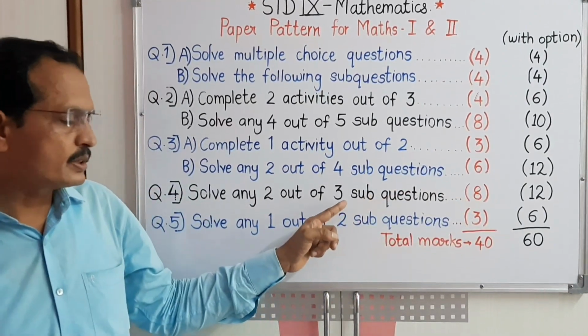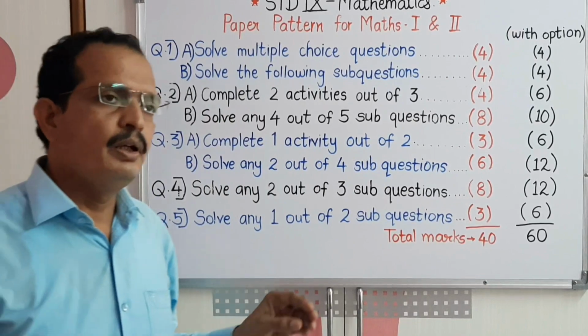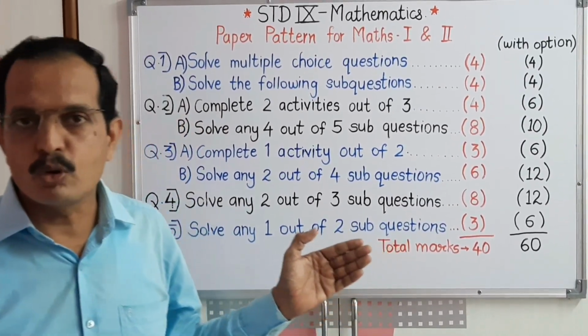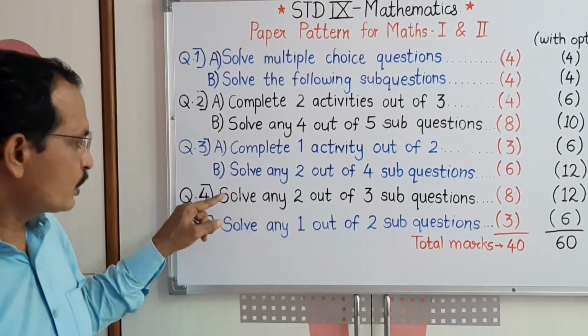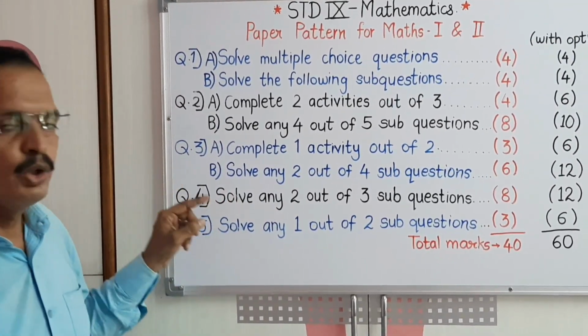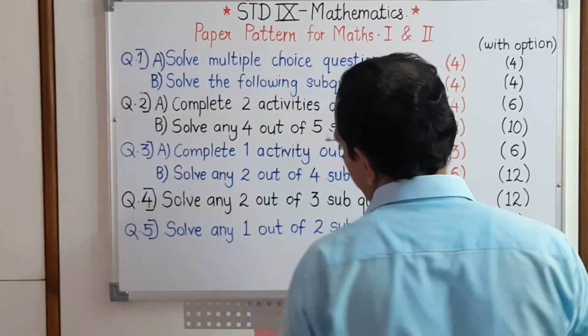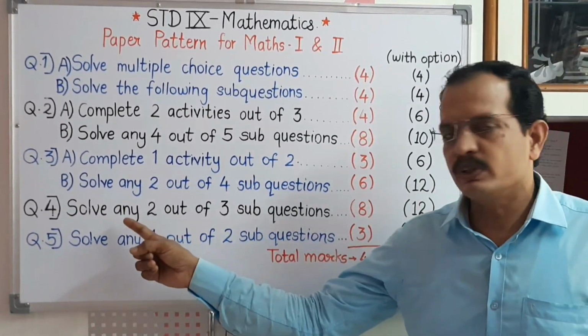In these questions, some little difficult questions will be there. Some questions are out of the textbook, but based upon the syllabus, will be asked in this question. Therefore, to solve question number 4, you have to work hard and solve many sums, and then you will be able to solve question number 4.